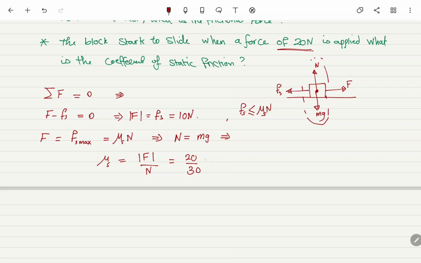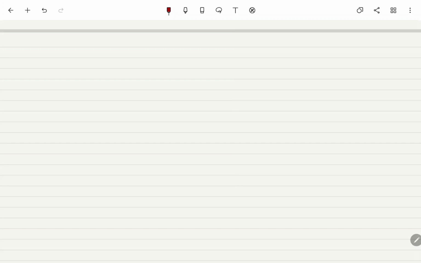And remember, it's dimensionless or unitless for the coefficient of static or kinetic friction. Let's consider this case here.